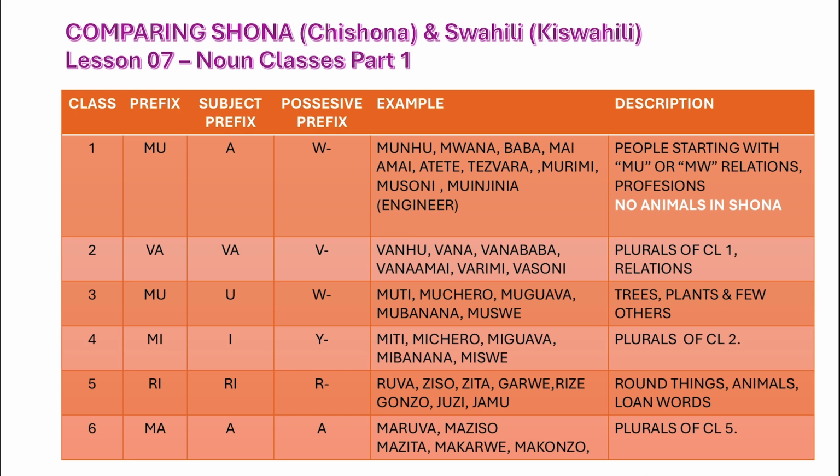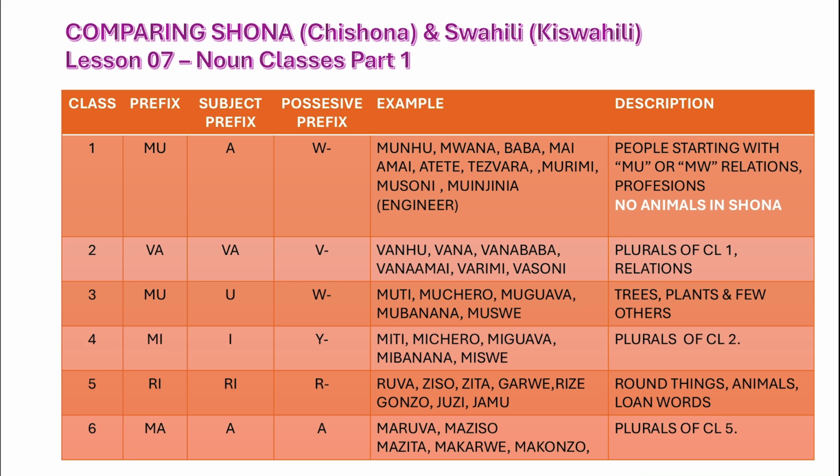Class 5 and 6, rima. These are mostly round items, round objects, animals, and loan words. Most of the animals fall into this class. For example, ruva is a flower.